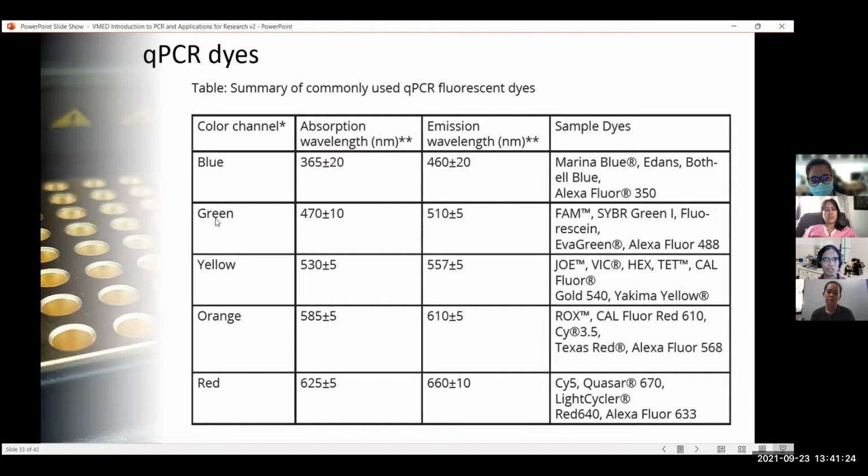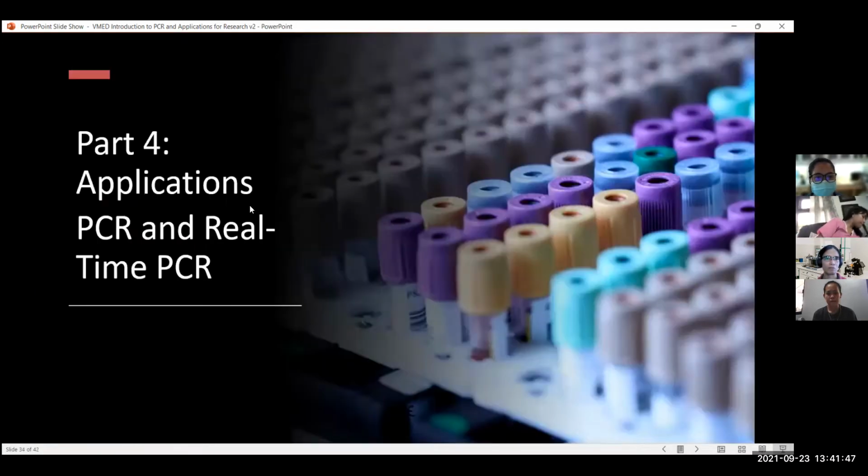If you only see green signal, then it's positive for TGE, and so on and so forth. I think they have 6 or 7. I think there are also other dyes that do not emit visible light, somewhere in the UV aspect. Okay, so the point is there are different dyes that you can use.